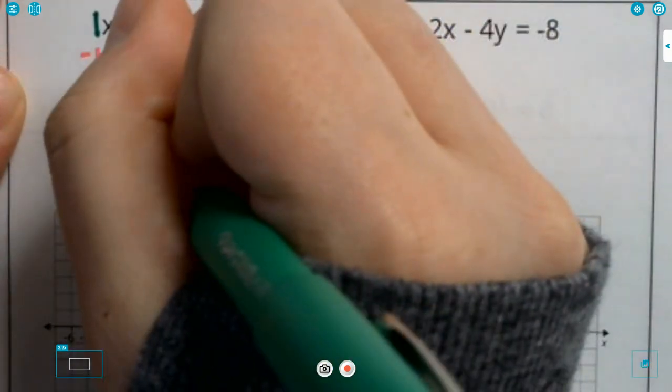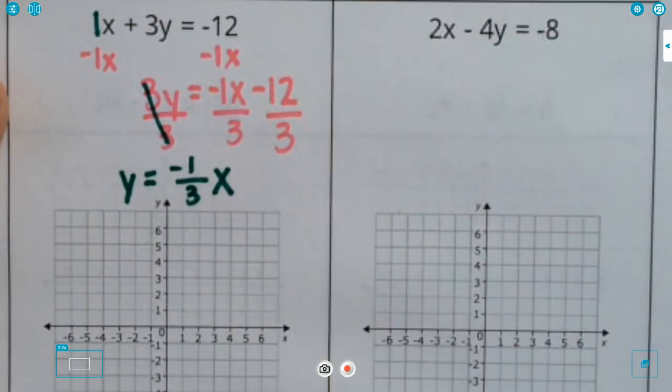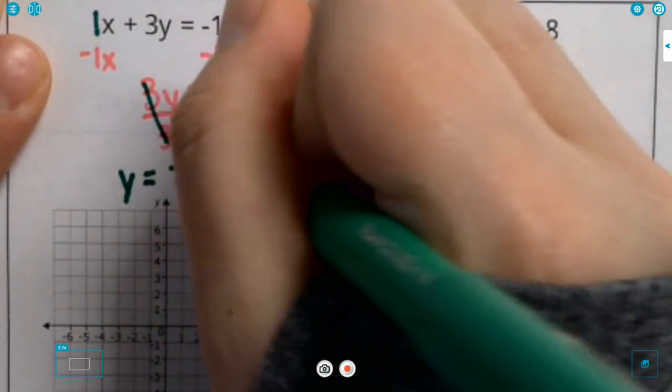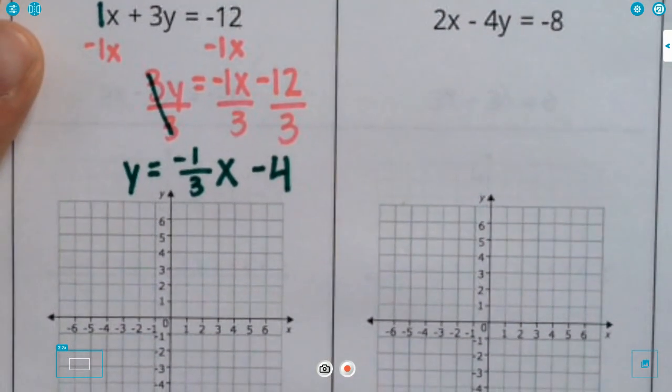So it's going to be negative 1/3 x. That's going to be our slope. And then the negative 12 divided by 3 will divide out evenly, and it's negative 4. Okay. Any questions on the solving?